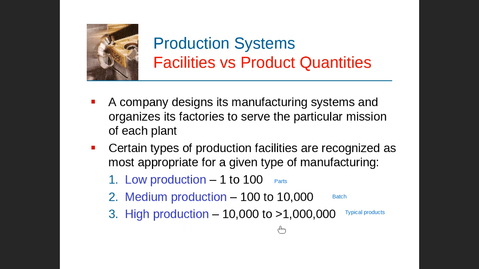If you would like to change your car tire, you go to the market and buy from the market. So a high production company usually manufactures for the market, not for you as a customer. They manufacture standard products and put them in the market. So this is a high production company.